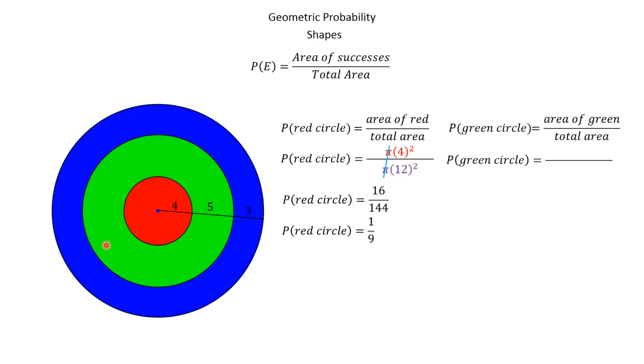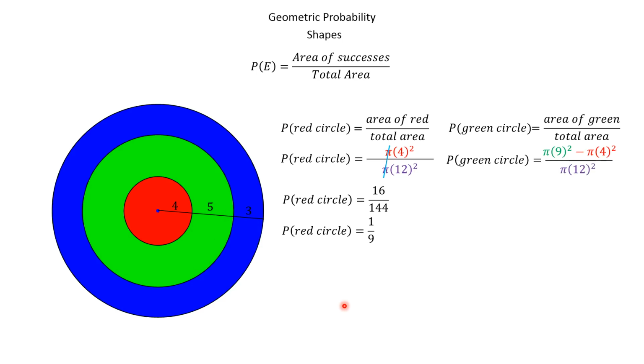To find the area of this green ring, we're going to have to find this total circle area minus this piece inside. And so we'll have pi times 9 squared minus pi times 4 squared. And that will find this green area here.